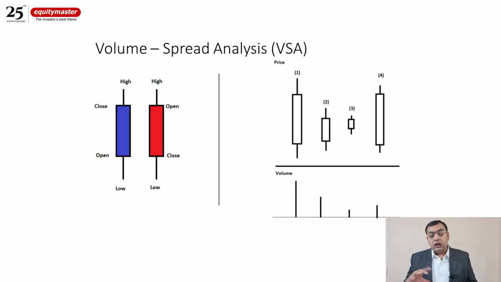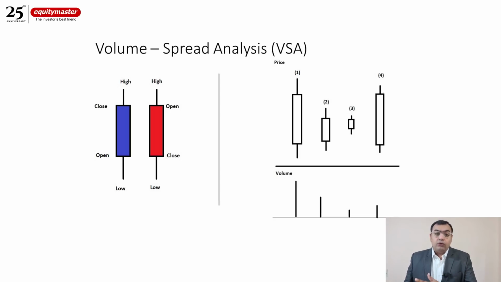The fourth candle. Now if you look again, the first and fourth candles have a huge body. The spread is very, very big, but look at the volumes in the lower panel between the first and the fourth. The first volume is higher, the fourth volume is lower. So for me, it was just a flick of trades, which is not useful.